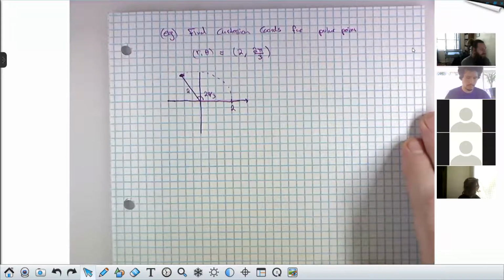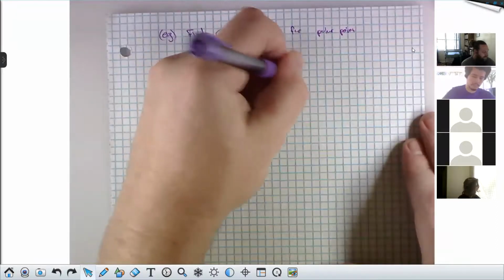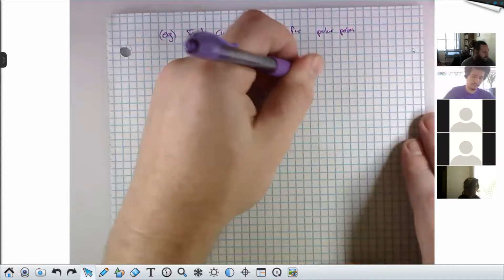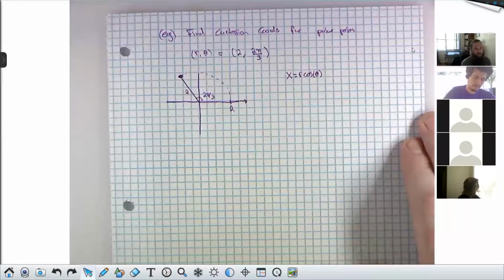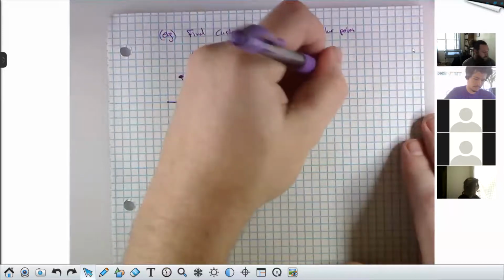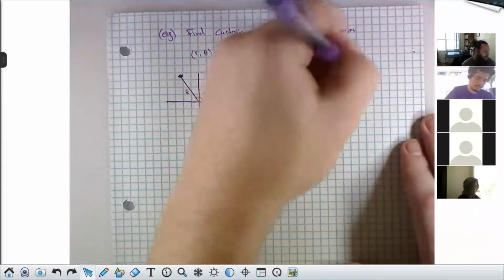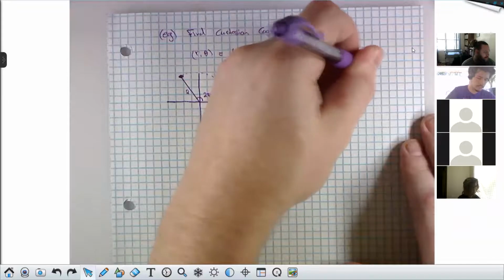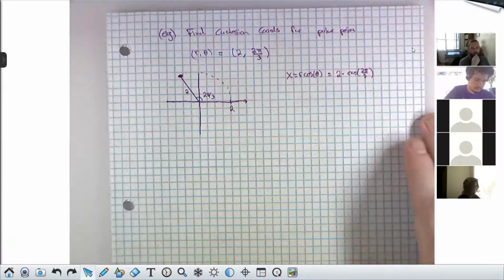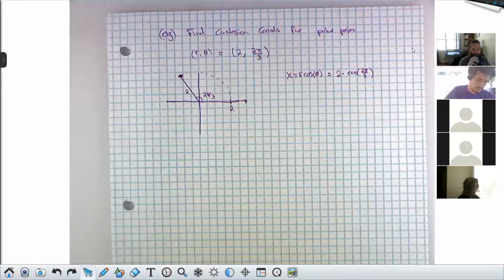And finding the coordinates is as easy as plugging in. So you know that x is r times the cosine of theta. R is 2 and theta is 2 pi over 3. So this is 2 times the cosine of 2 pi over 3. What is the cosine of 2 pi over 3? Anybody help me out with that?